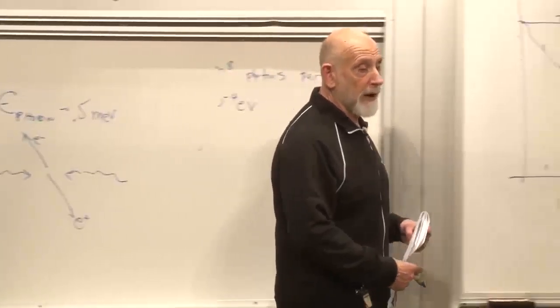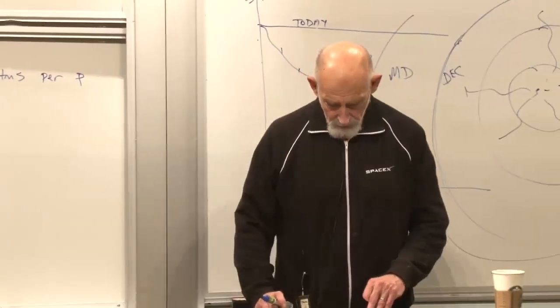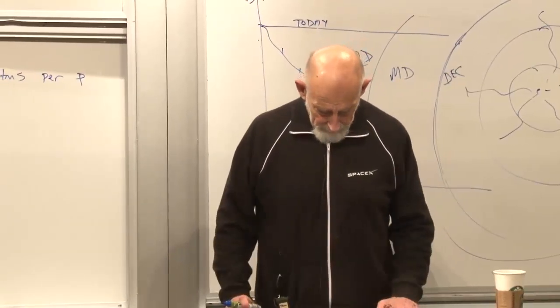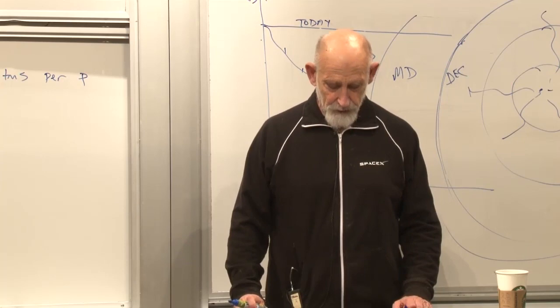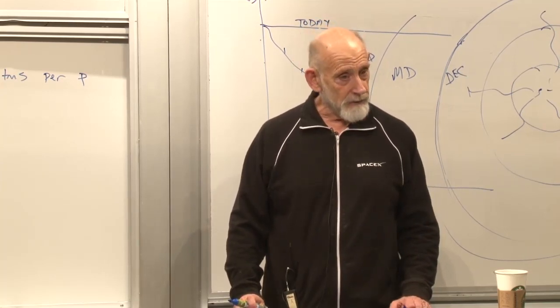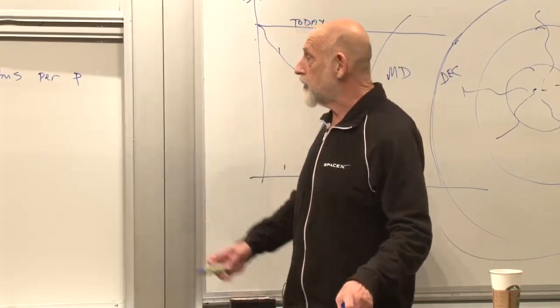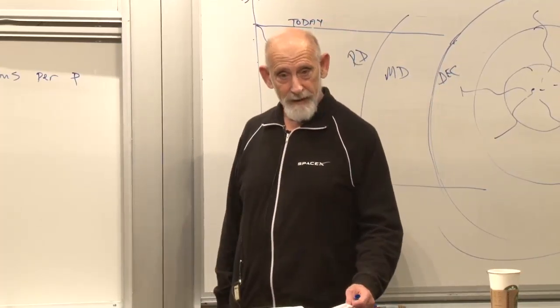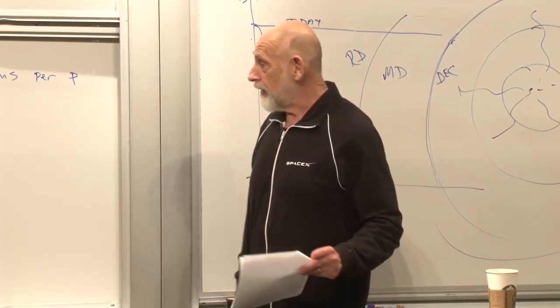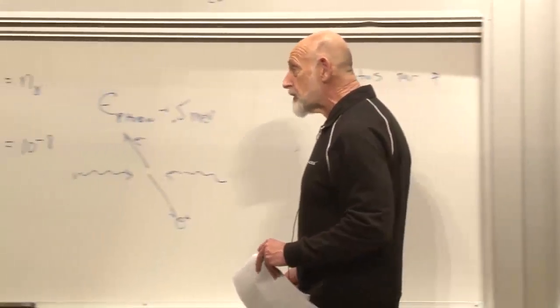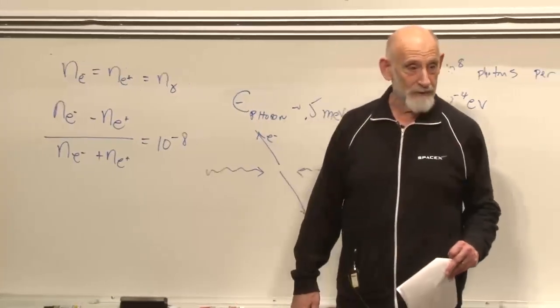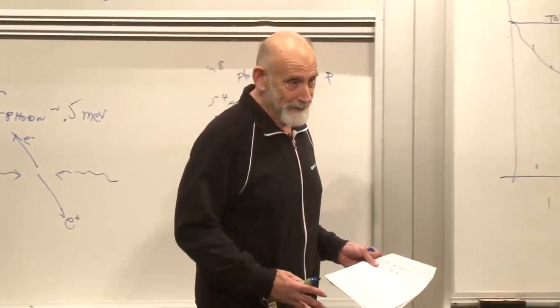That turns the question around again. Given that the number of electrons and positrons are not equal, which is odd in itself, the question becomes why is it so small? But on the other hand, you could say, well, 10 to the minus 8th is a lot bigger than 0. So why is it so big?